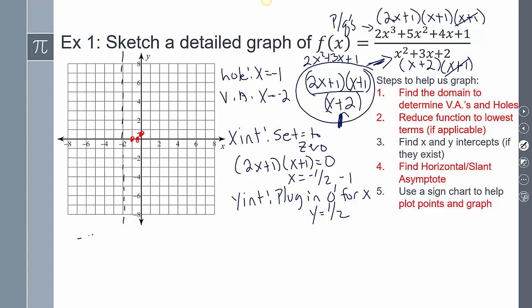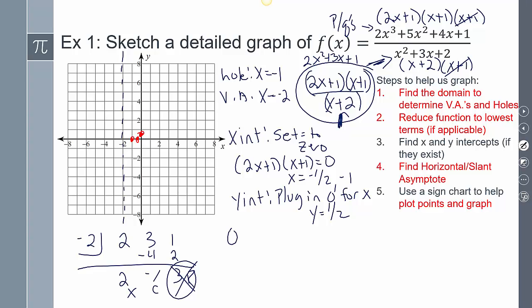I'll just use synthetic division because I'm able to. Bring down the 2, multiply, add, multiply, add. Now our remainder, the nice thing about this, you ignore it. We don't have to worry about it. And so I have a constant in my x, so my oblique asymptote is going to be the equation y equals 2x minus 1.